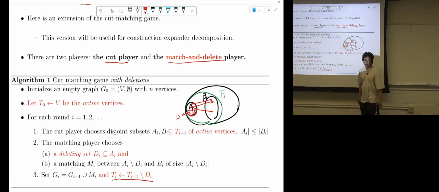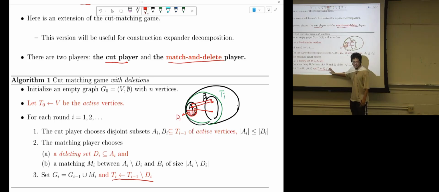When you say delete, do you mean delete from the graph completely, or delete from the active set, so they can be chosen again later on? They will not actually. Once you leave the active set, you leave it forever for this version. The next version, when you transfer vectors, you can come back.